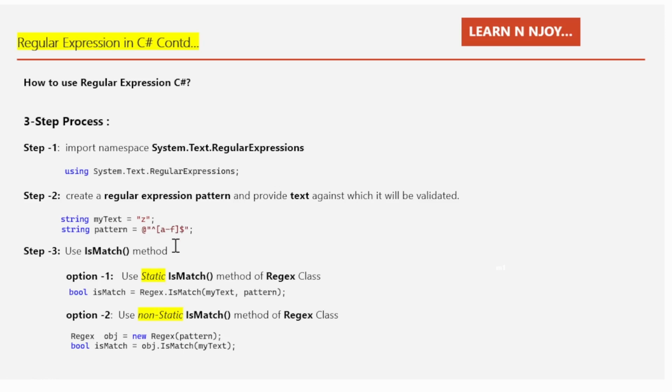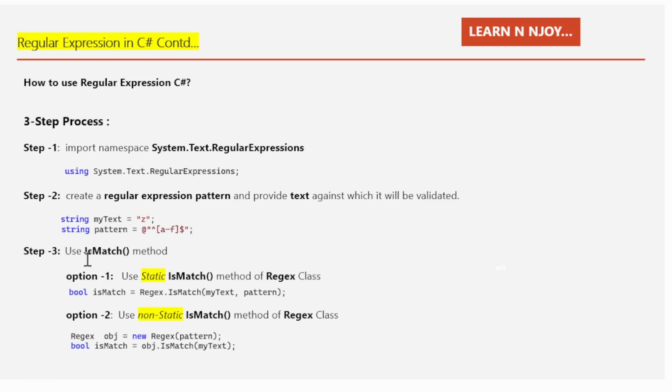In the square bracket I have mentioned A hyphen F, and then I close with the dollar sign. So this expression says that the text should be validated against this pattern: if the character is between A to F, it validates as true, otherwise it validates as false.